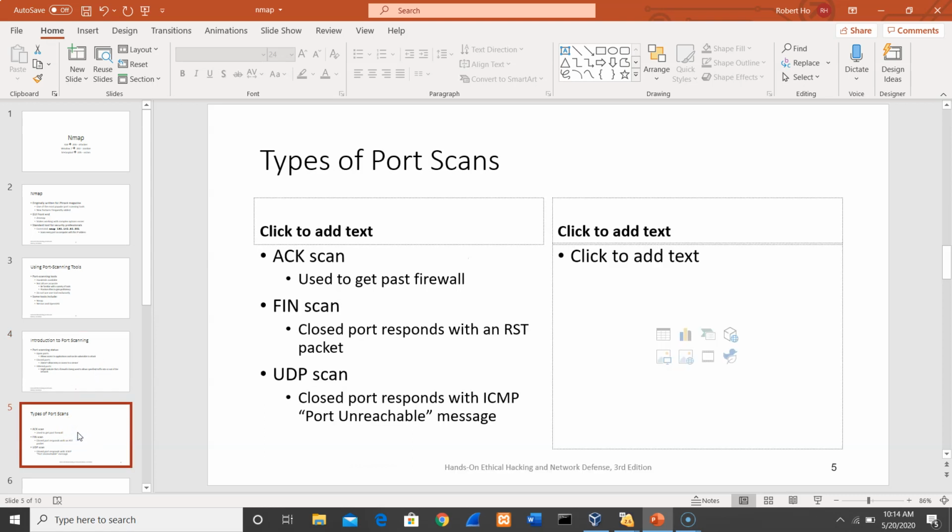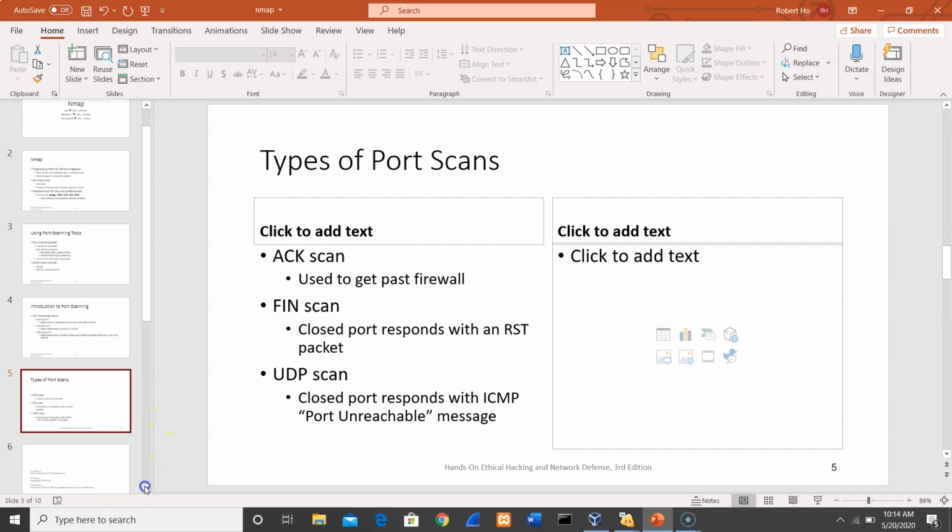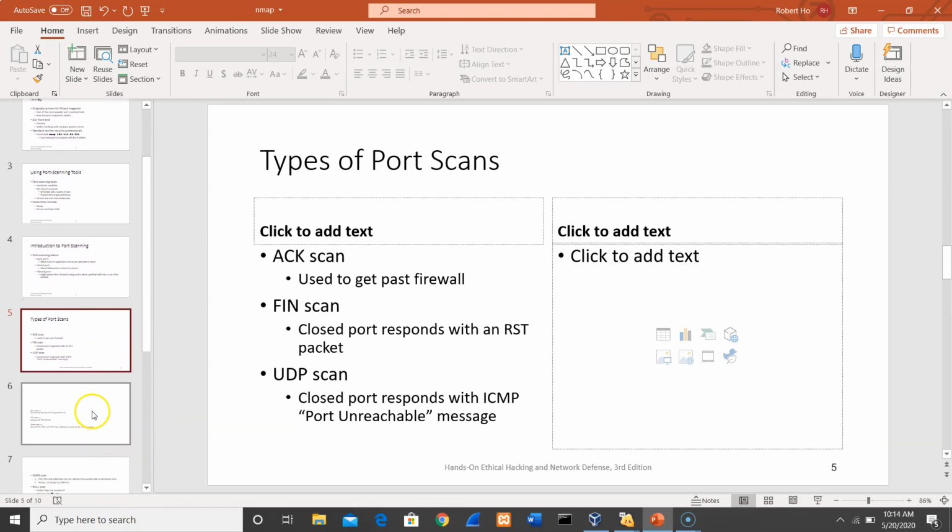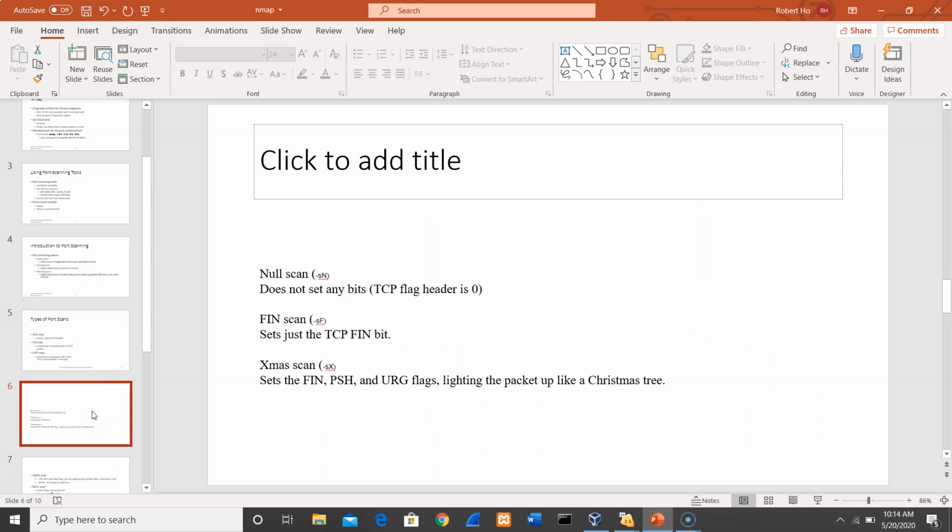There are many different types of port scans. You have Xmas scan, FIN scan, UDP scan, and some other scans. Let's discuss some of the most popular ones here. It's called the null scan.